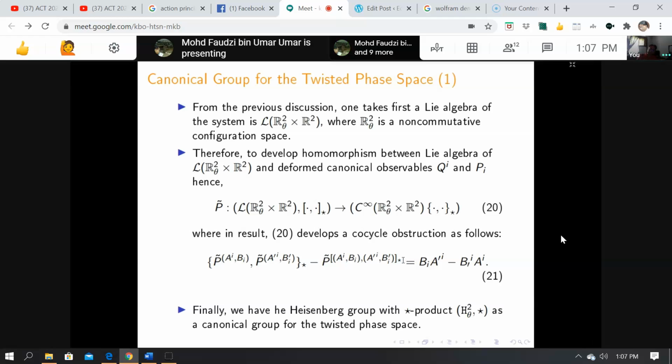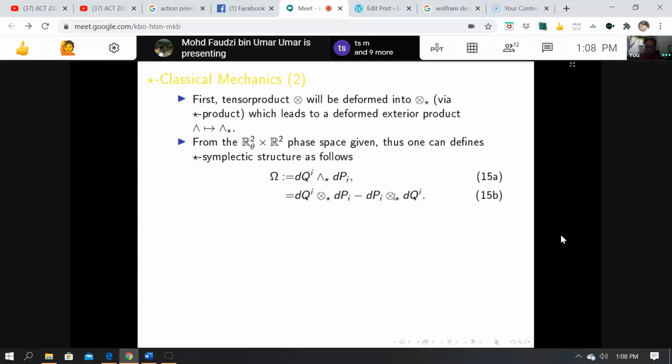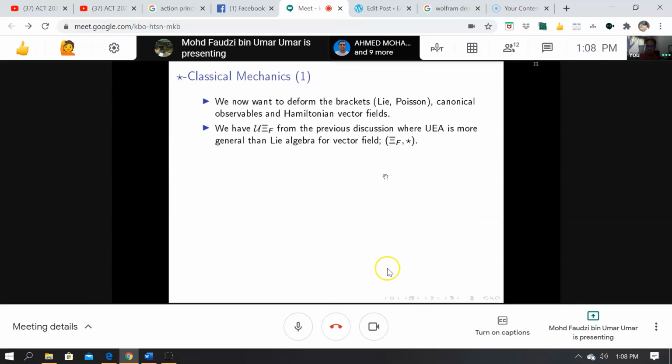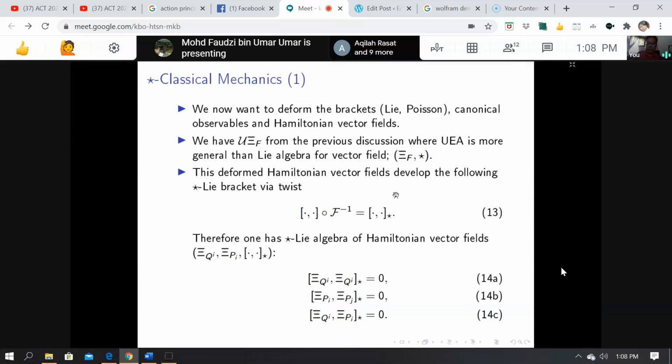But if we have the star product here, this Lie bracket will be not commutative. This case is related to the previous equation. Can you go to the previous slide? Over here, in equation 14, everything is commutative under the star product, because this one is a vector field, not the element Q itself.